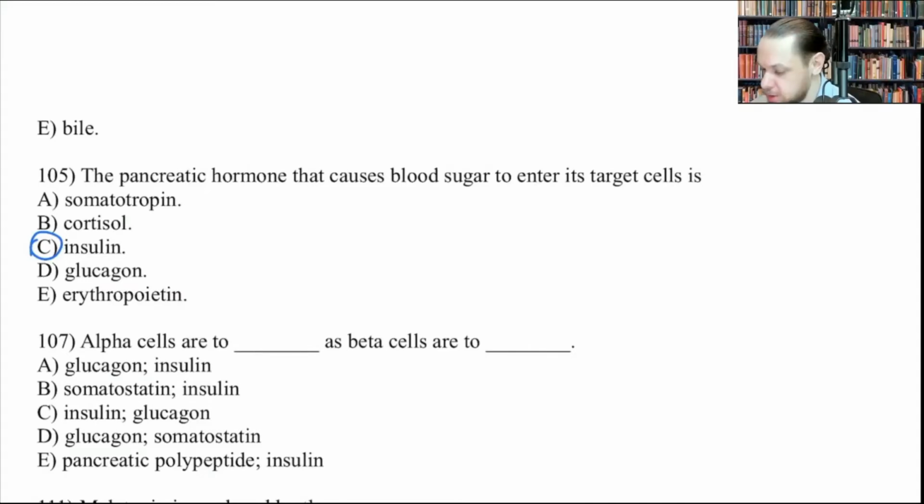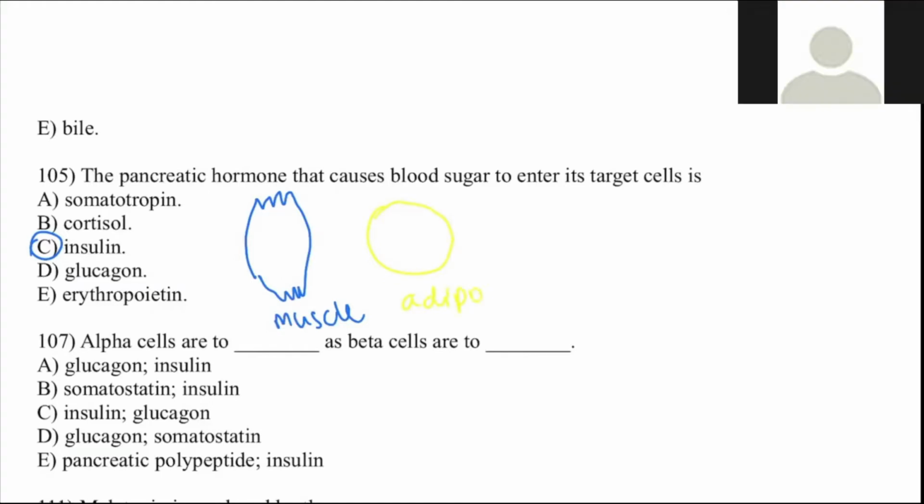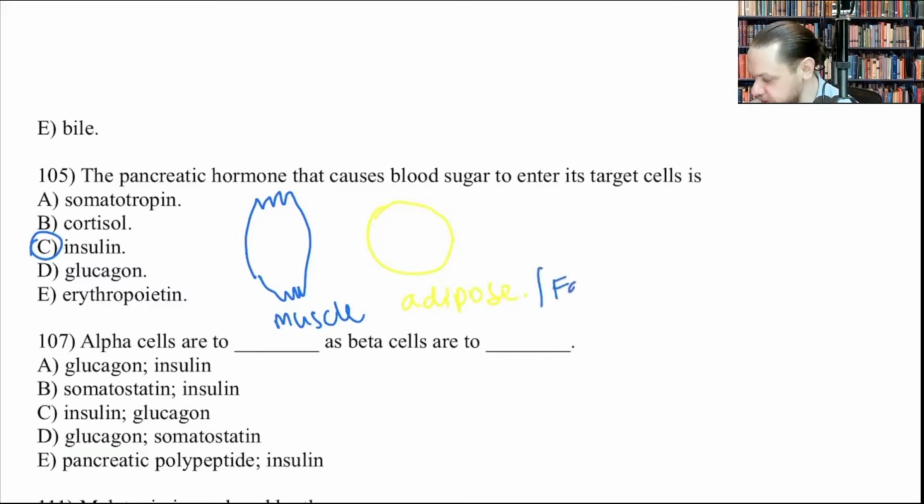Okay, so the predominant places where insulin acts are muscle and the adipose cells. Yeah, that's good. Adipose fat cells, same thing. And the receptors that it's going to work on are essentially glucose type 4 transporters. These glucose type 4 transporters are inside the cell.